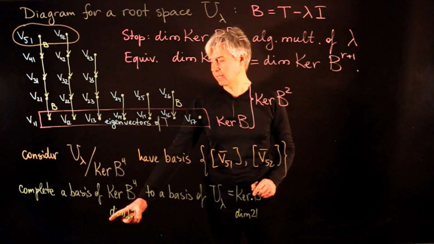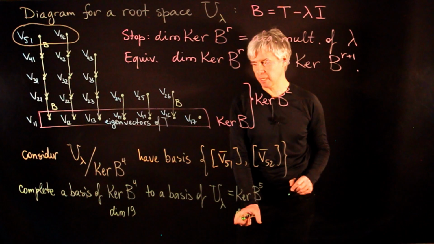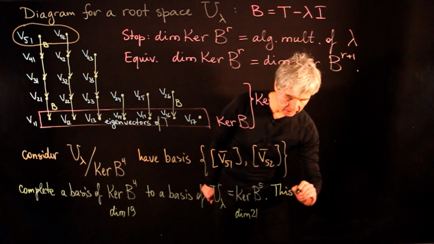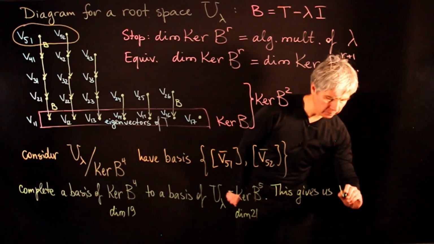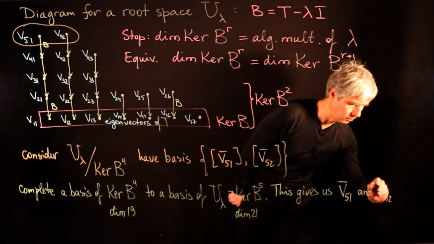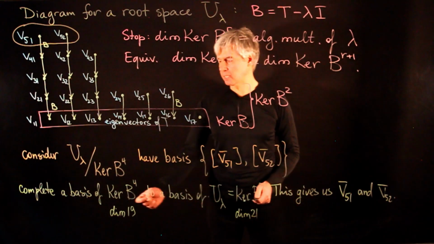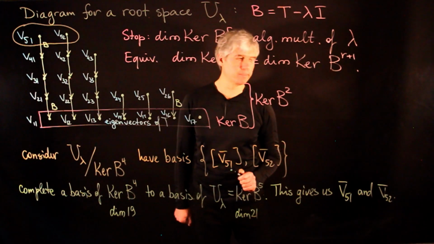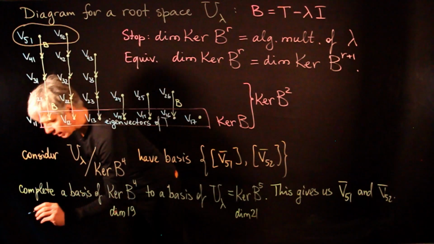So when we complete a basis of a 19-dimensional space to a basis of a 21-dimensional space, we get 2 extra vectors. So this gives us vectors v51 and v52. These are the 2 extra vectors that complete the basis of the kernel of b to the power 4 to the basis of u lambda.